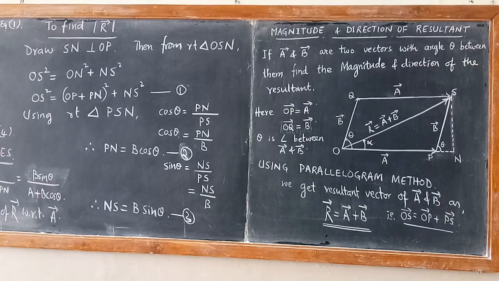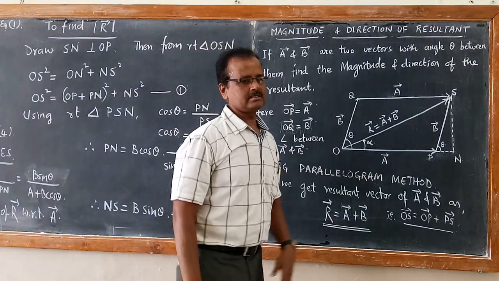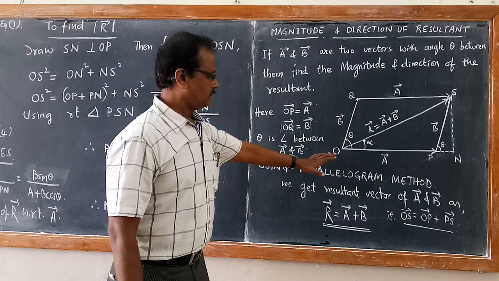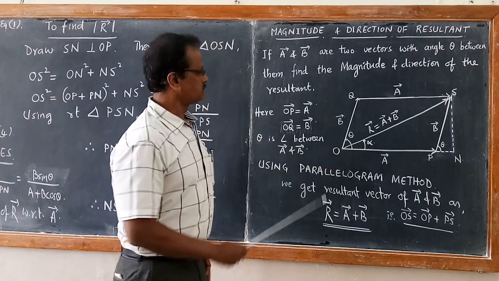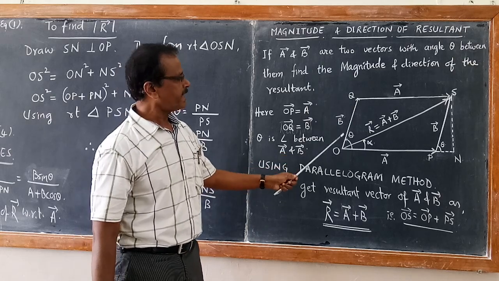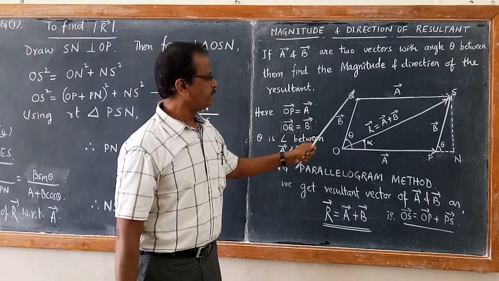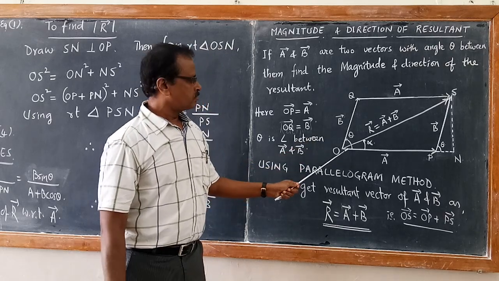Now let us learn how to find the magnitude and direction of the resultant when two vectors are given. Suppose A and B are two vectors with an angle theta between them, co-initial vectors.